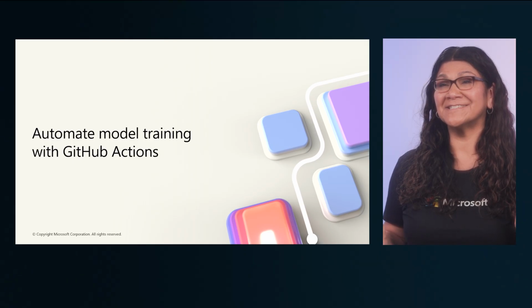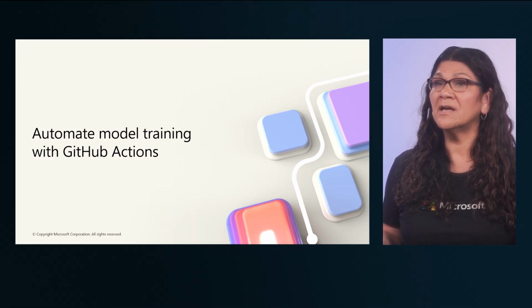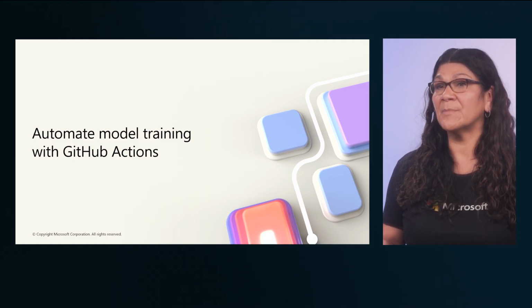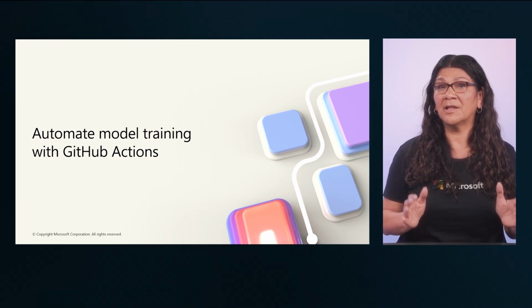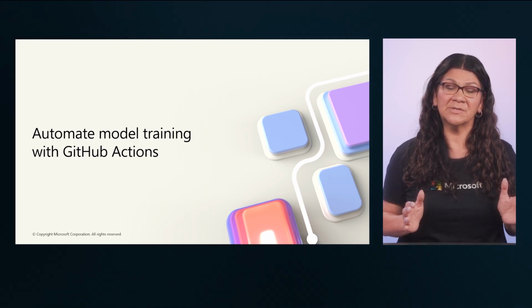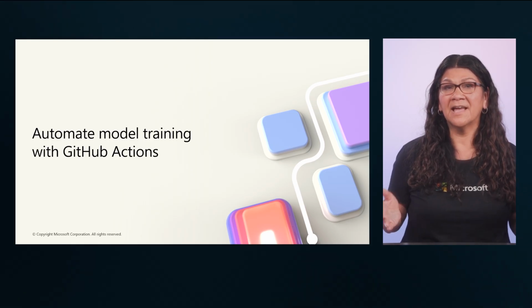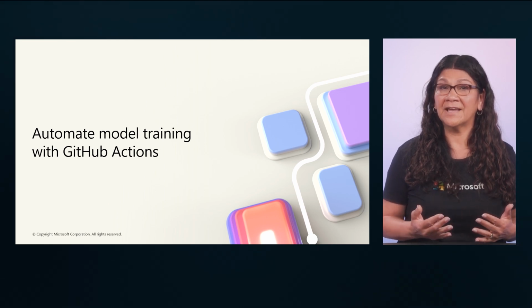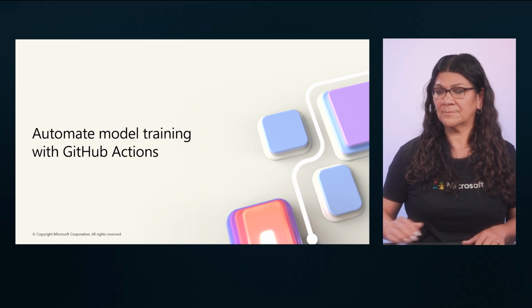In this section, you'll see how DevOps practices extend into machine learning with GitHub Actions orchestrating Azure ML jobs. The result is a streamlined MLOps pipeline where experimentation, versioning, and training happen seamlessly as part of your development workflow, helping teams deliver AI updates faster with consistency and confidence.